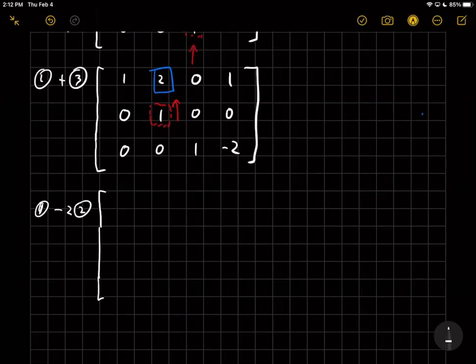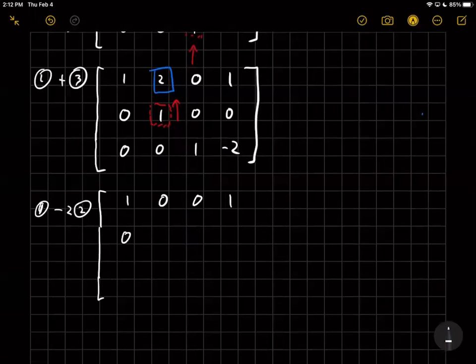What will that leave? We'll still have a 1 in the first column because row 2 had a 0 in the x column. Then we'll have a 0 in the y column. The z column, since it's 0 minus twice 0, is still 0. And in the constant column, you have the 1 minus twice 0, which is still 1.